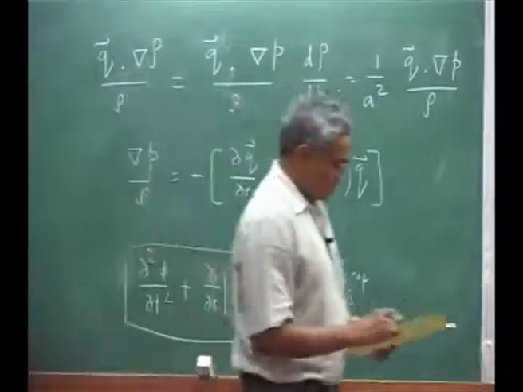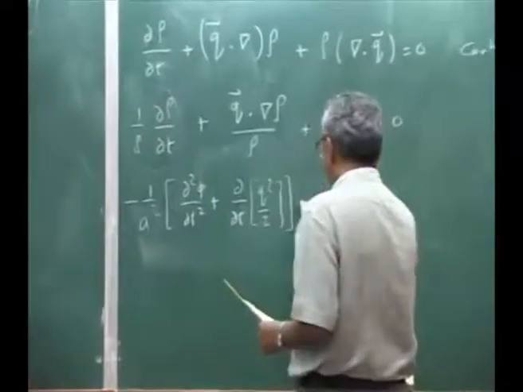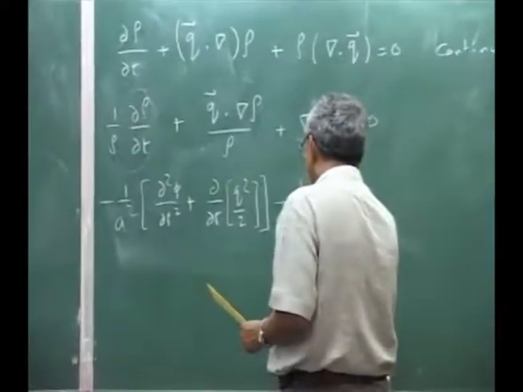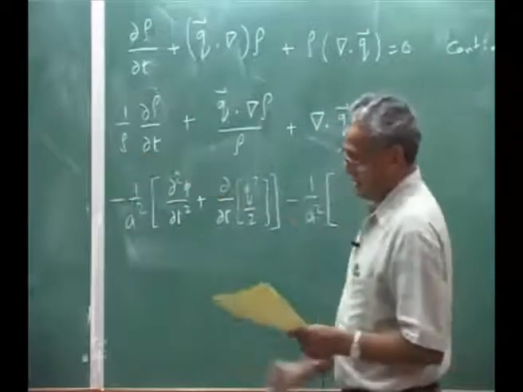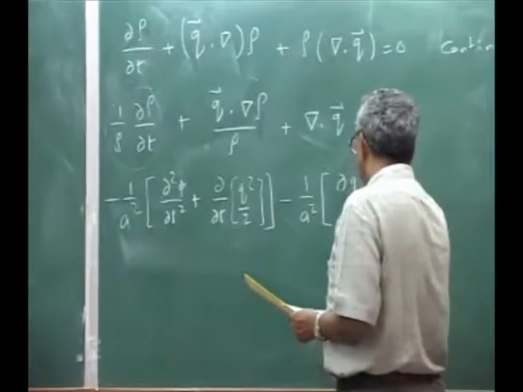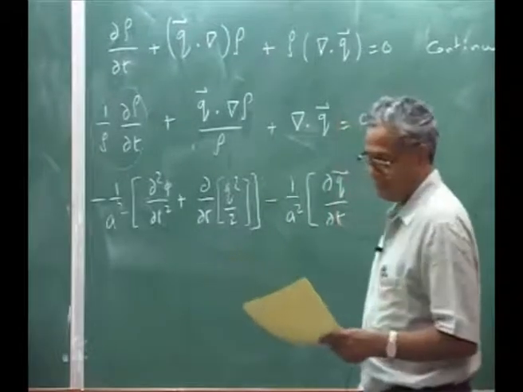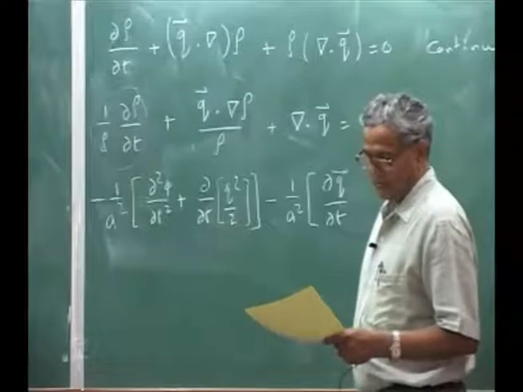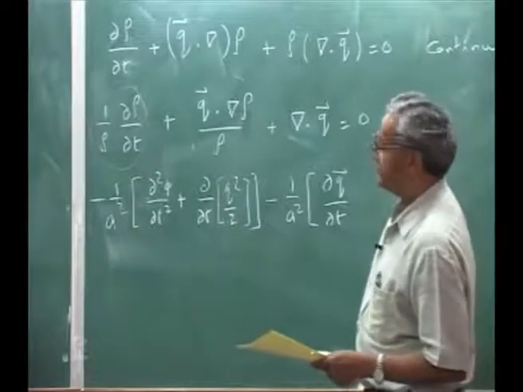So I will substitute this term, then this will become minus again. So minus 1 over a square del q over delta t, right? That is the first term, right?